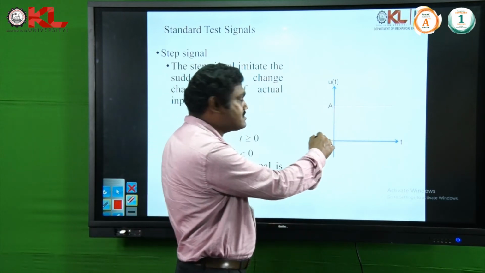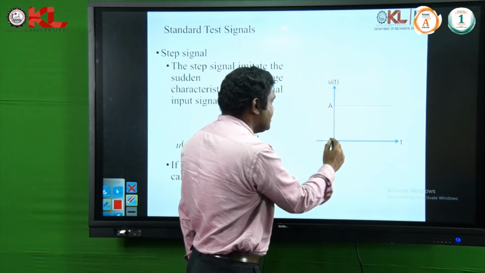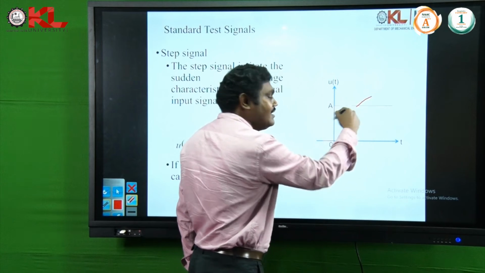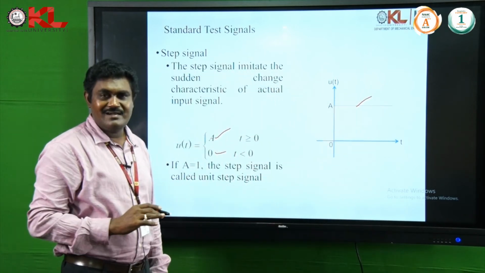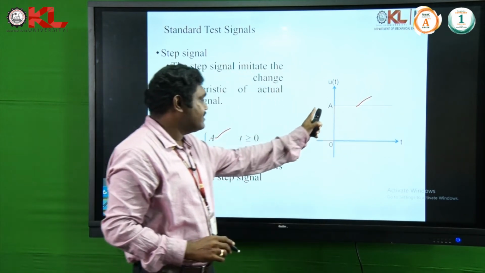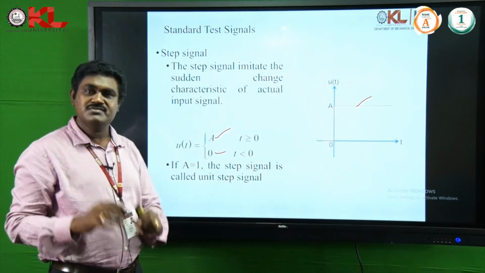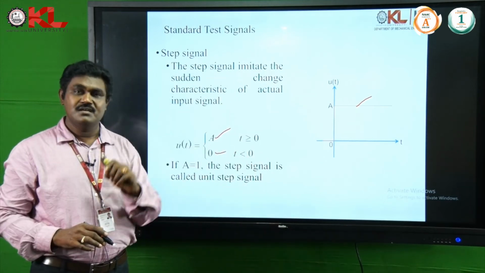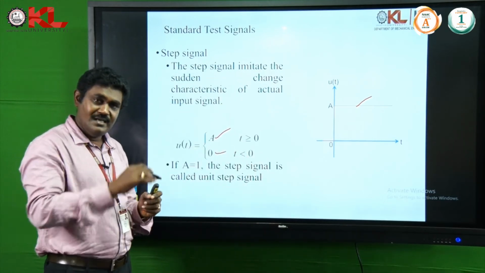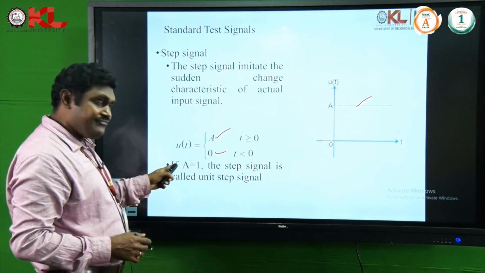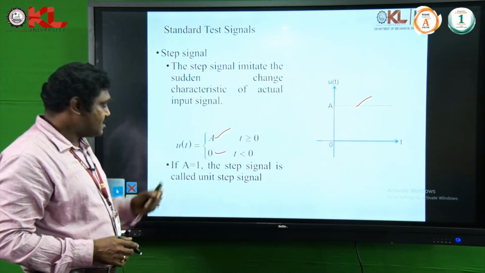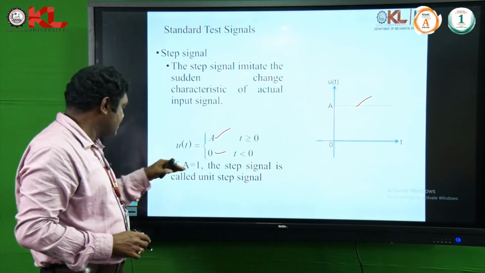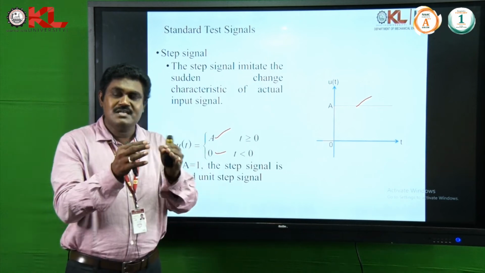The time versus the signal: it suddenly increases and maintains the same magnitude throughout the time. At any time period, it has the same magnitude. That type of signal is called a step signal. If A is equal to 1, this step signal is also called a unit step signal.